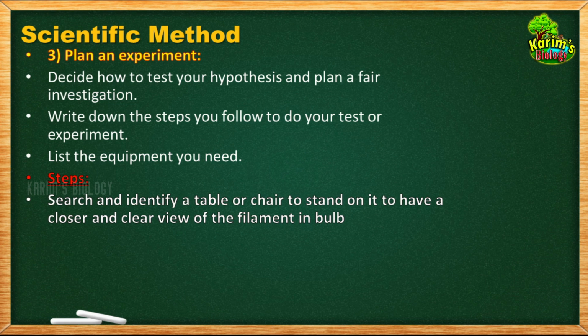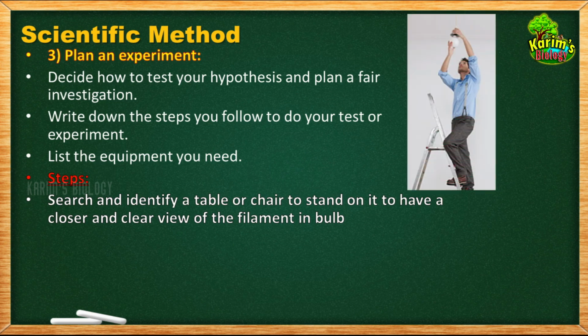Ramu should reach the bulb, he should take the bulb, and he should have a clear, closer look at the filament so that he can identify whether the bulb is fused or not. Right? And for that, what does he need? He needs a table, because he is short. He needs to stand on a table or chair so that he can have a clear look at the filament of the bulb. Okay, so this is how he has to make some arrangements. He can also go for a ladder or a stand like this, or he can use a table or chair.